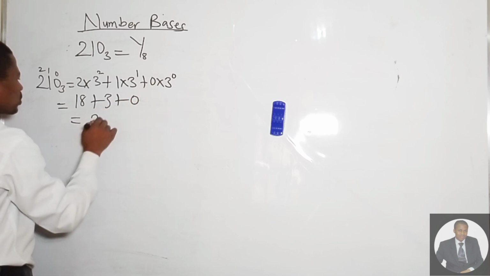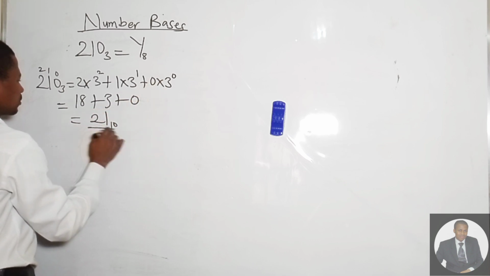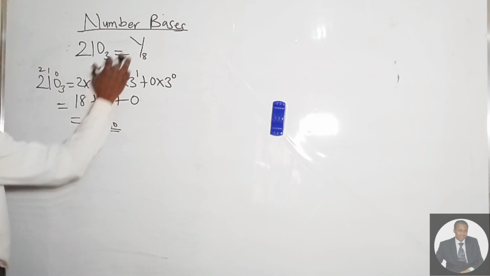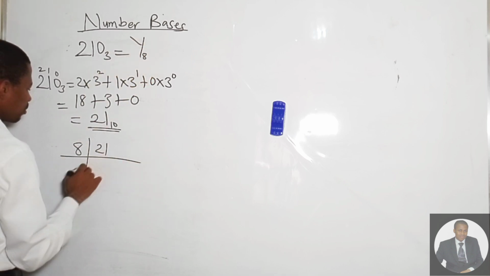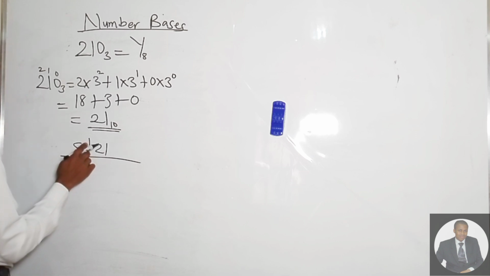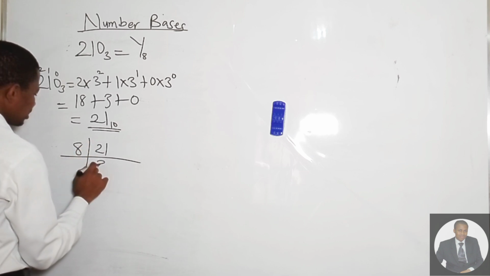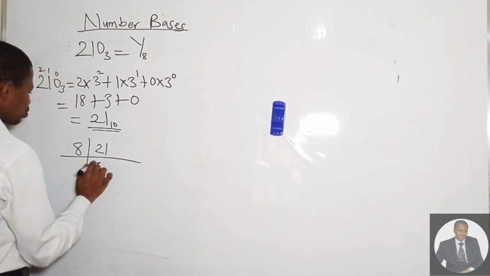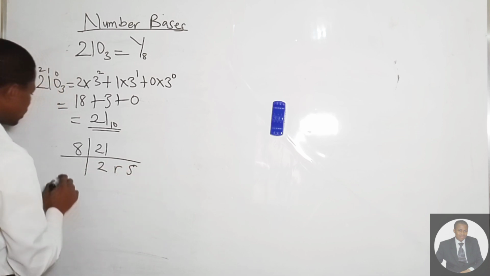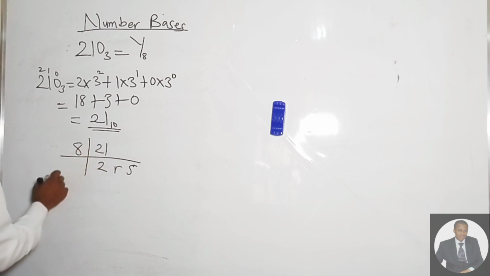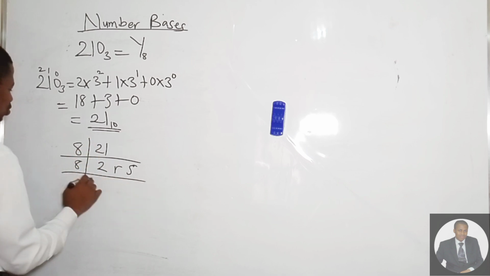So this will give us 21 base 10. So we will now convert this 21 to base 8 by dividing 21 by 8. How many 8s are in 21? 2. That's 16. Remainder 5. How many 8s are in 2? 0.